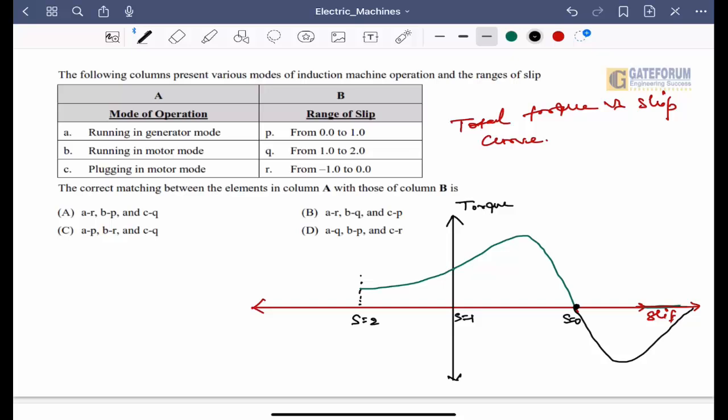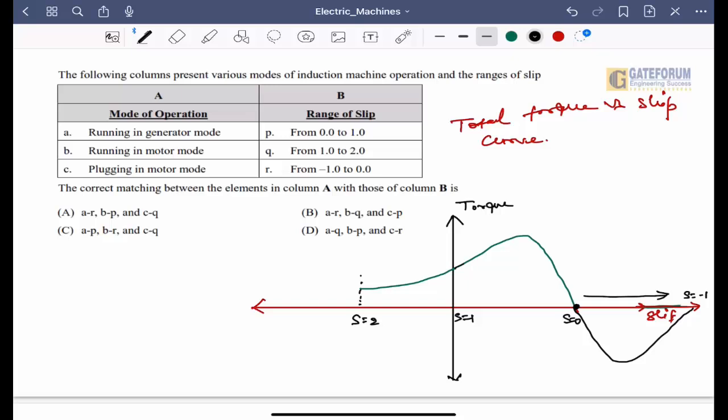Now slip will become negative after the s equal to 0 point. So this will be s equal to -1.